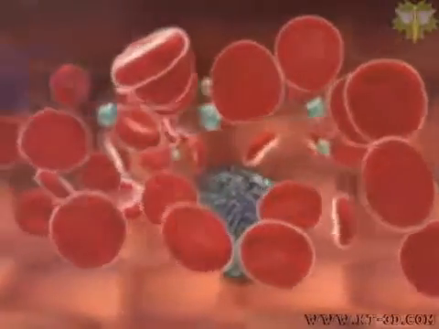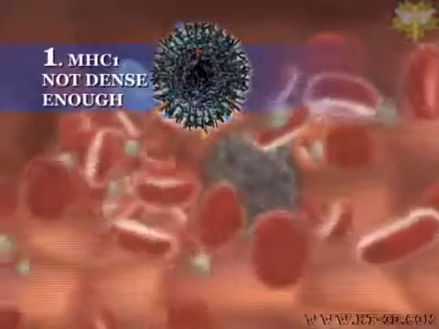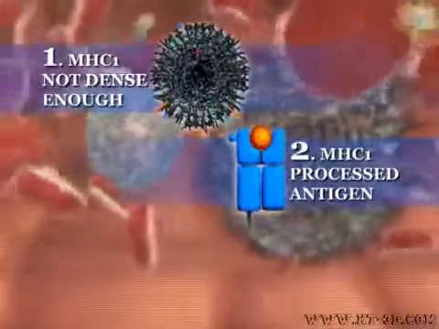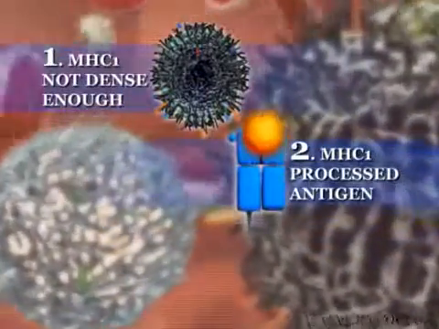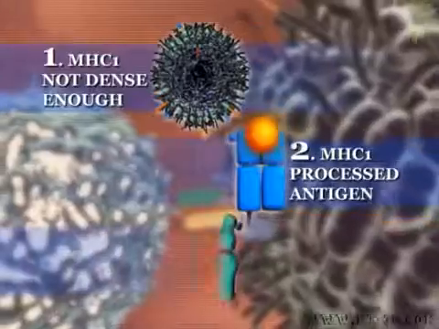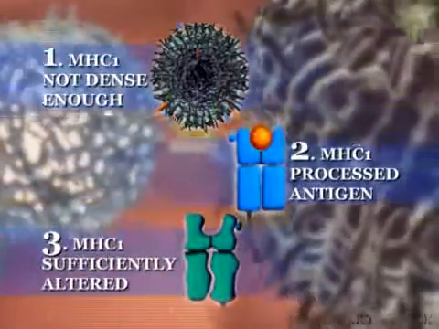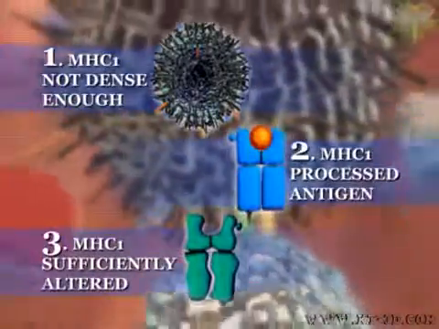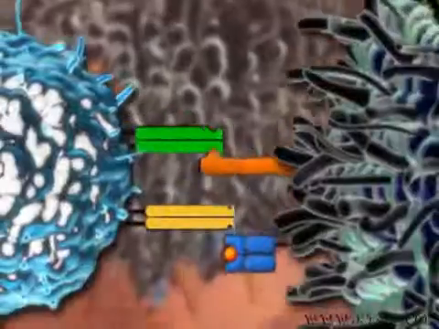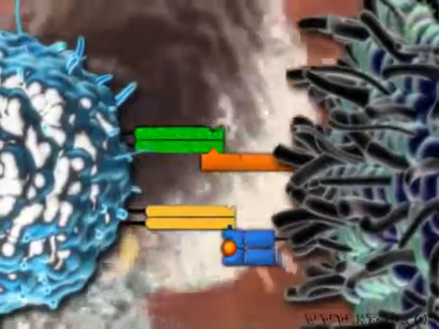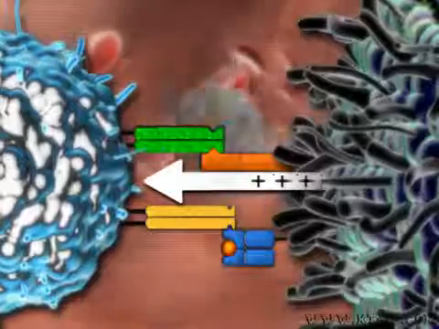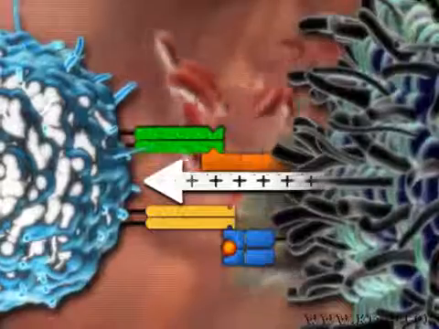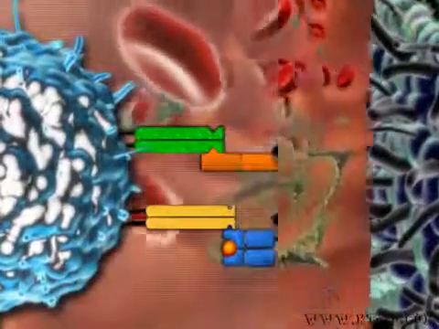However, if the MHC1 is 1, not dense enough on the target cell, or 2, if the target cell has processed antigen and displayed it in the pocket of the MHC1 illustrated here by the shaded red-yellow ball, or 3, if the conformation of the MHC1 proteins have been sufficiently altered, noted here by the stripped MHC1 proteins, then the binding of the altered MHC1 to the inhibitory natural killer cell receptor will send a positive signal to the activation natural killer cell receptor complexed to the target cell activating ligand.